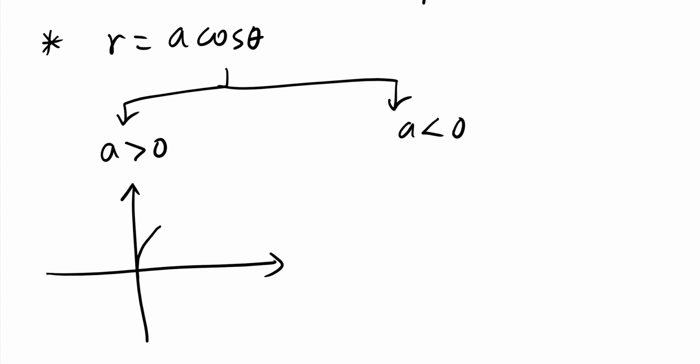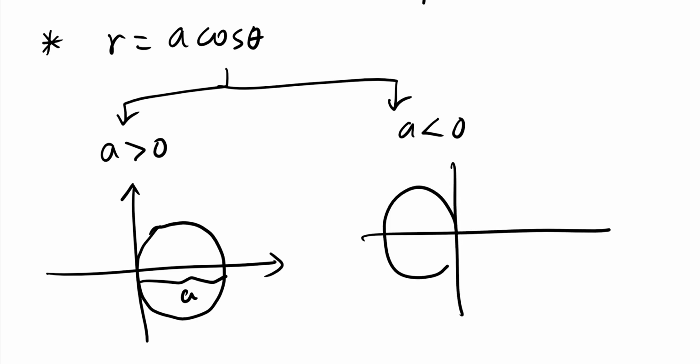So if a is positive, it's going to be like this with diameter a. If a is negative, it's a circle in the left half plane, like so. So sine is always going to be up or down, upper half plane, lower half plane. Cosine, right or left.